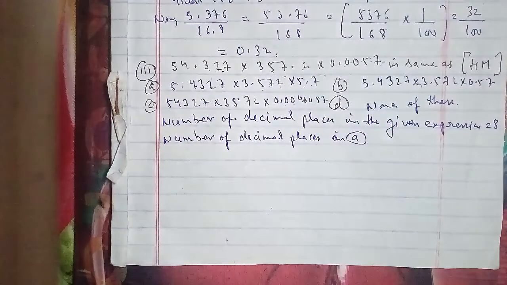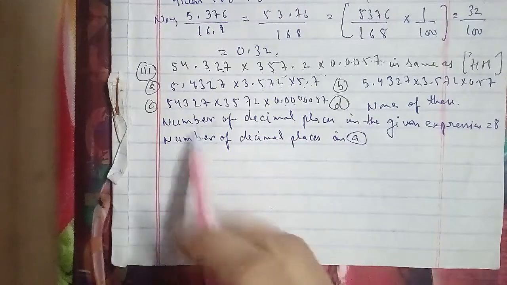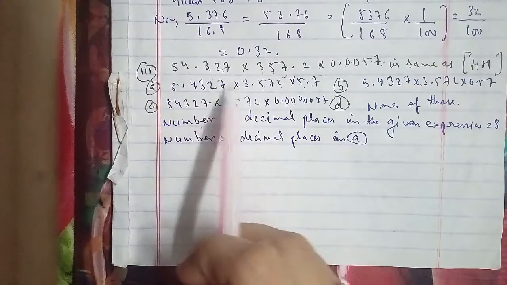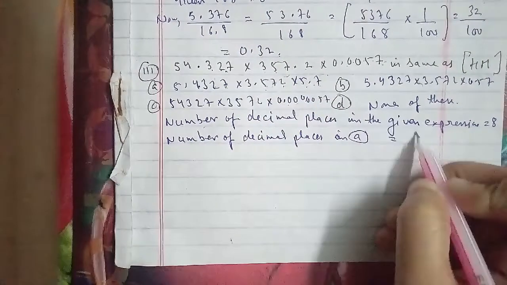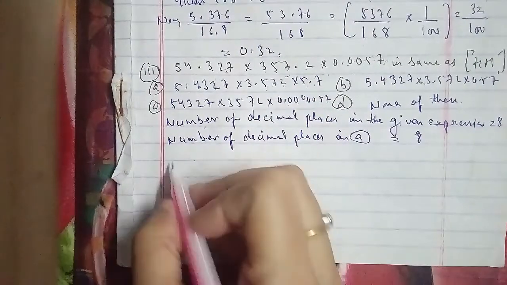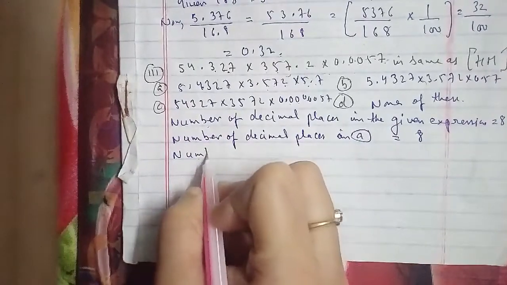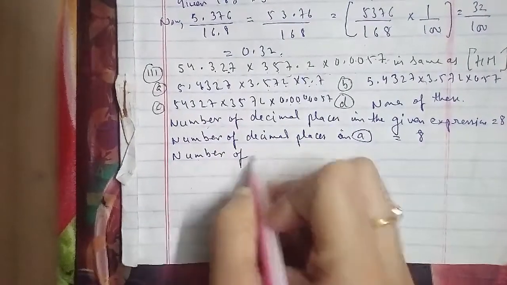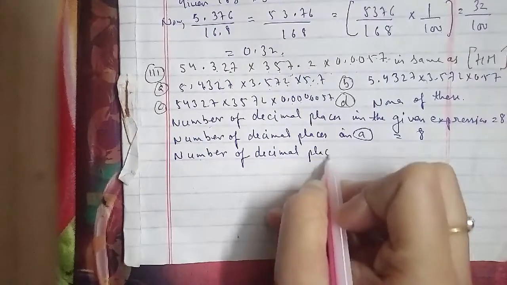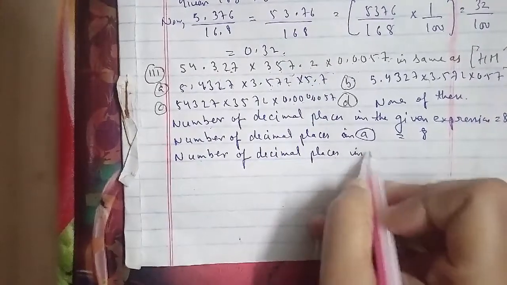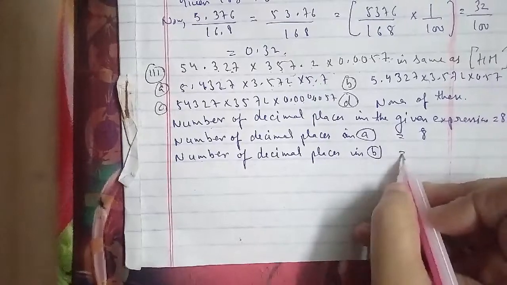Next, the number of decimal places in B: 1 2 3 4 5 6 7 8 and 9, so that is 9.